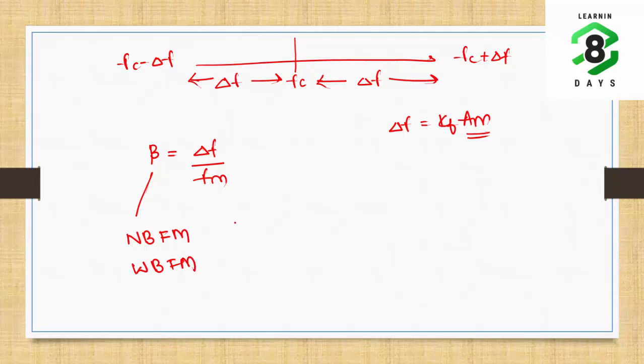If the modulation index β is less than 1, then we categorize it as narrowband FM. If β is greater than 1, we categorize it as wideband FM.